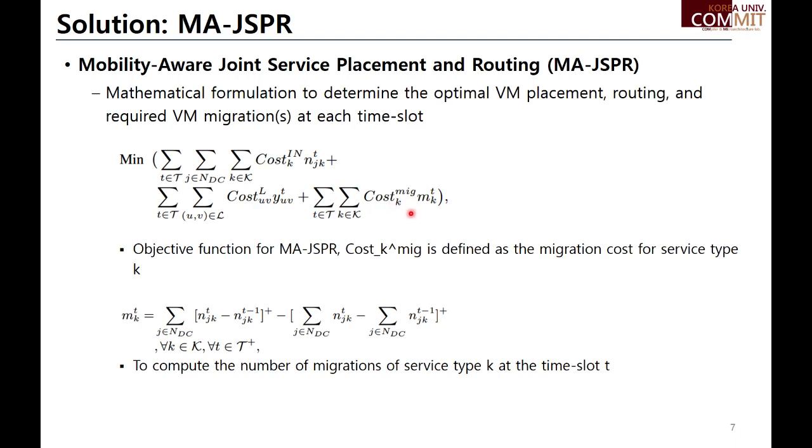So the total sum of costs, and we have to find the minimum value. And the next formulation is this. This formulation is to compute the number of migrations of service type K at time slot T. So through these formulations, we can find the optimal replacements and routing.